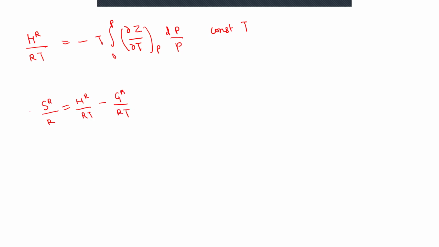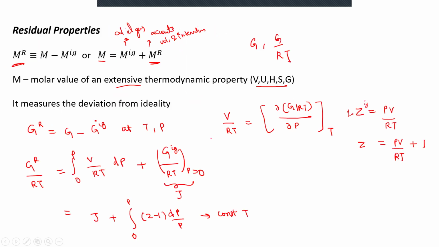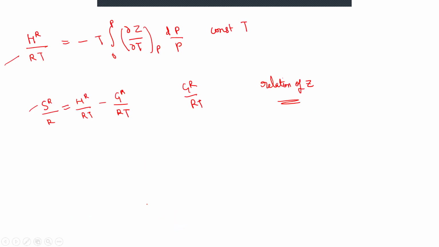So now we have S^R, H^R and G^R by RT, based on the relation of Z. Here we have G^R by RT is equal to J plus the integral of (Z minus 1) dP by P, and here also ∂Z/∂T at constant P into dP by P, at constant temperature.